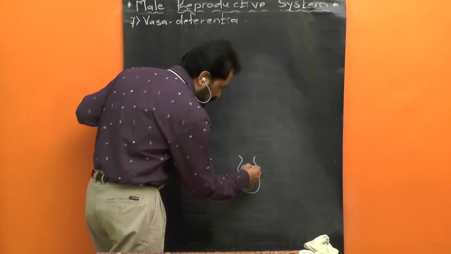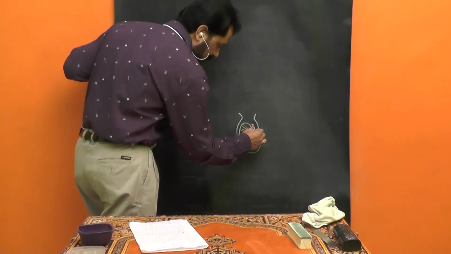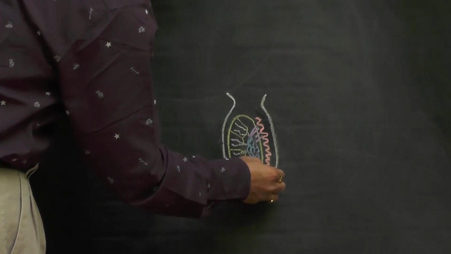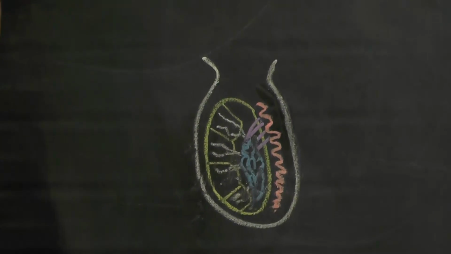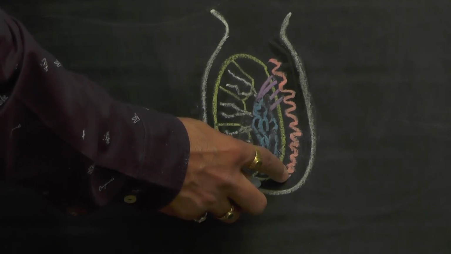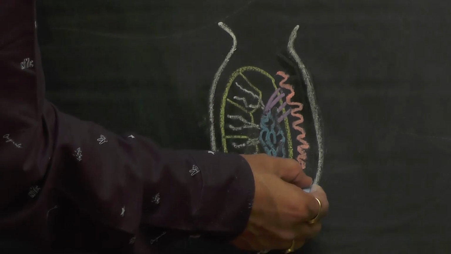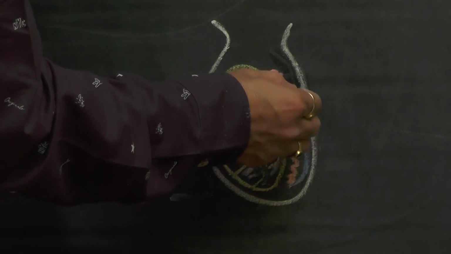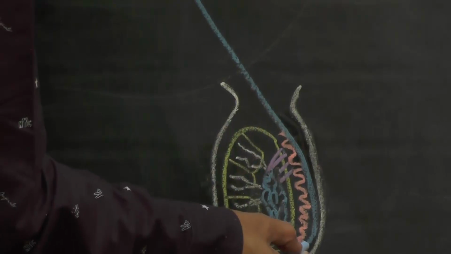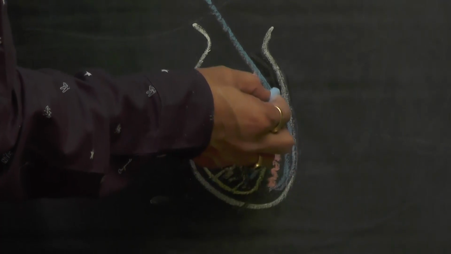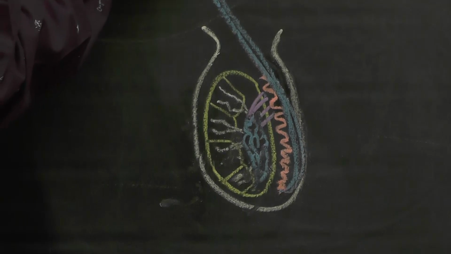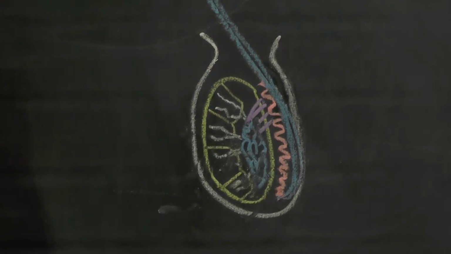Here I am going to show the Epididymis, you know, highly elongated muscular tube, Epididymis, and from the posterior end of Cauda epididymis, it starts the vas deferens, which enters into the abdominal cavity. Here, with the help of blue chalk, blue color, I am going to show the vas deferens.